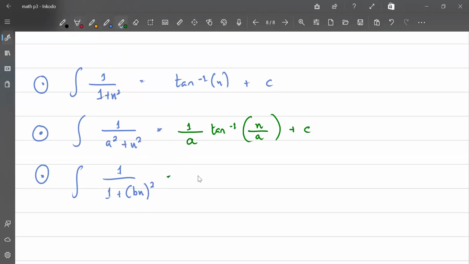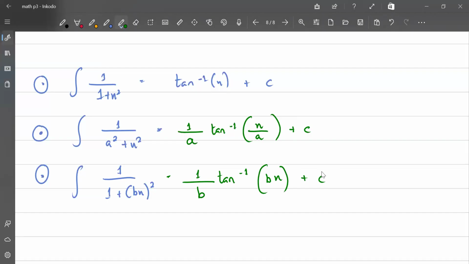So it would be integrated as follows: 1 upon b tan inverse bx plus c. 1 upon b tan inverse bx plus c.